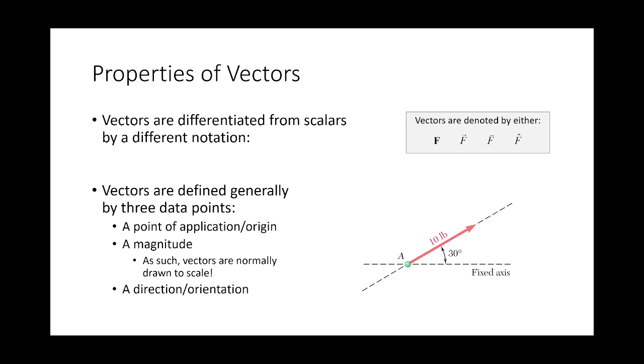Well, in our textbook and in mathematics in general, we tend to denote vectors with bold letters, okay? Whenever you're opening a textbook and you see a bunch of formulas and equations and some of the letters are bold, that's because it's a vector. So in your textbook, vectors are going to be bold.